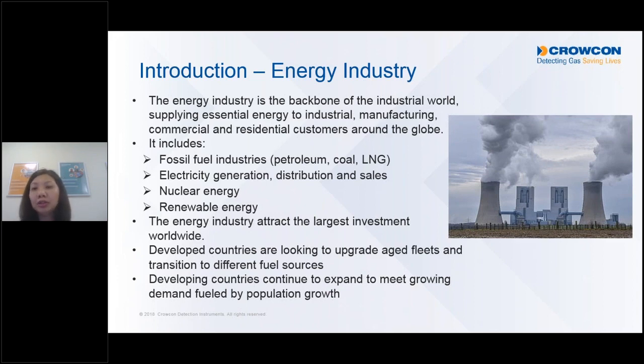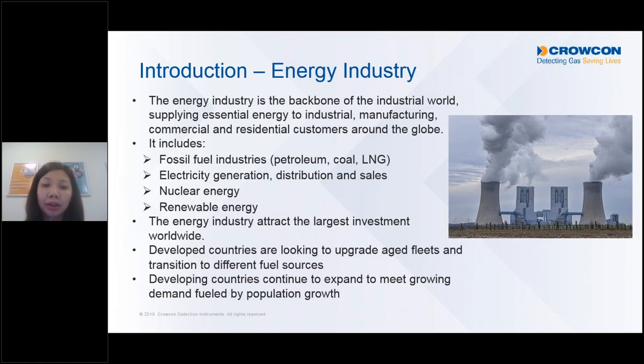So it is a very big scope. It's not surprising that the energy industry attracts the biggest investment, because you're not just supplying to the residential, you're talking about the industries as well. If you look at the projects, a lot of them are energy related.